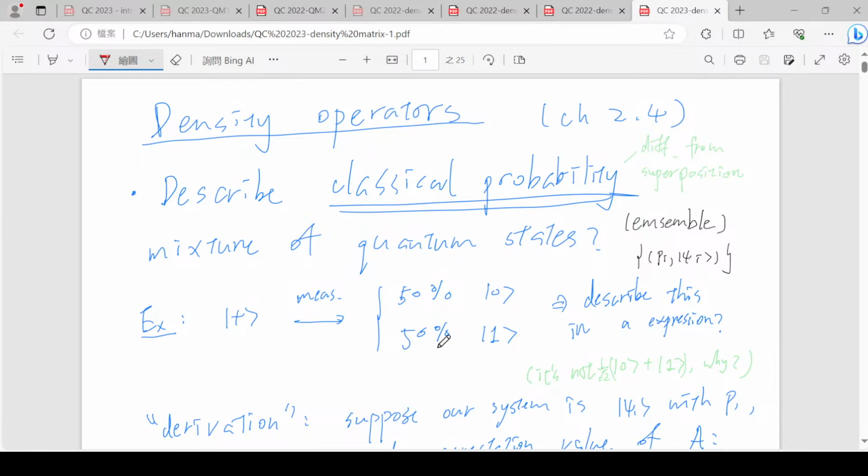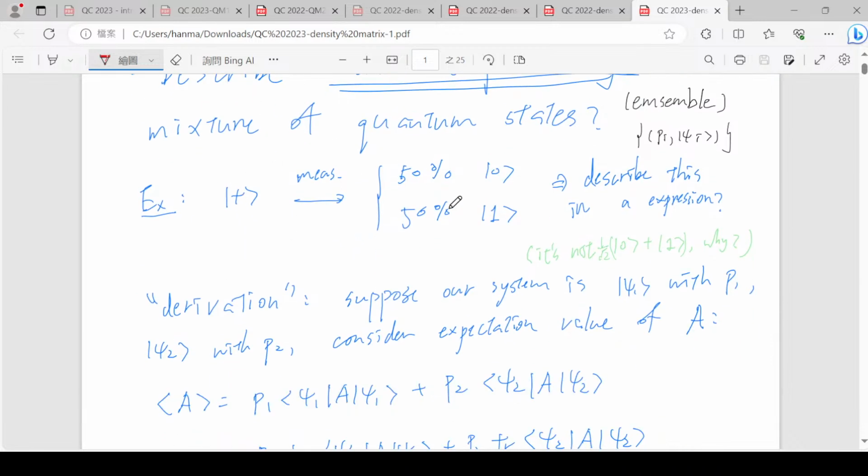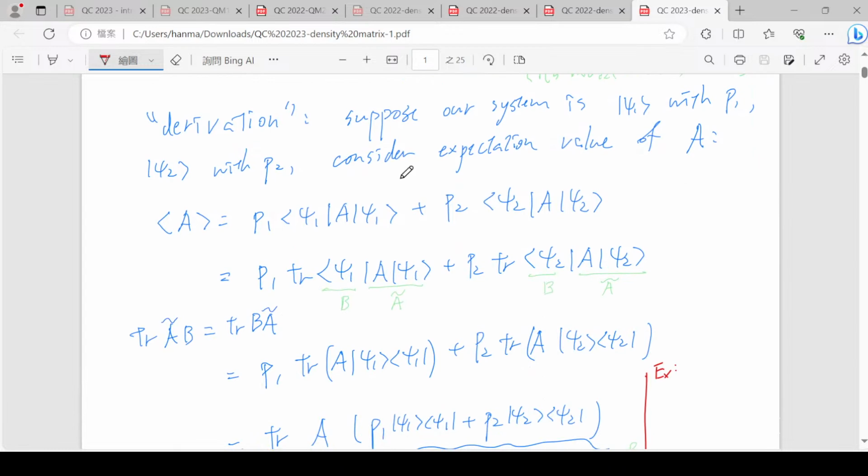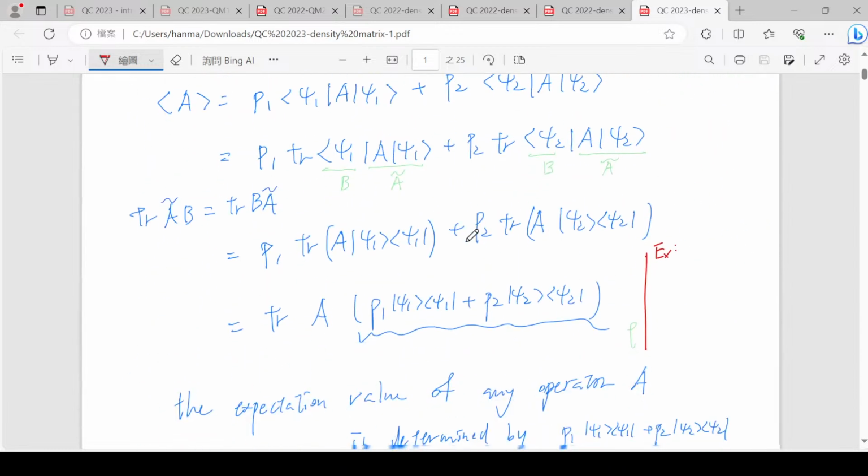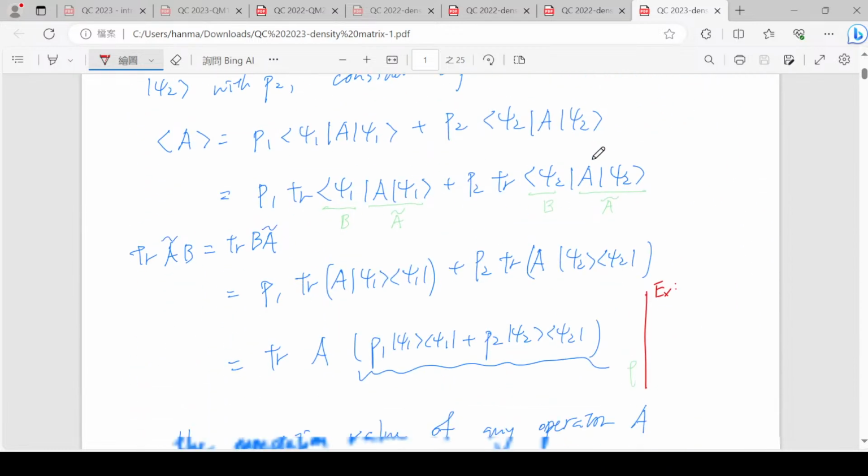We can describe it this way, but we want a more elegant description, and that's how we get a density matrix. Why do we say density matrix? Because it's a matrix, just like those ket vectors, which we think of as column vectors.